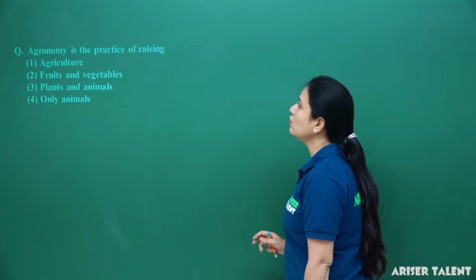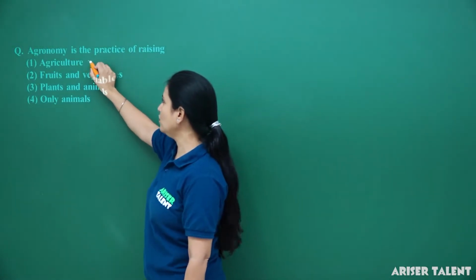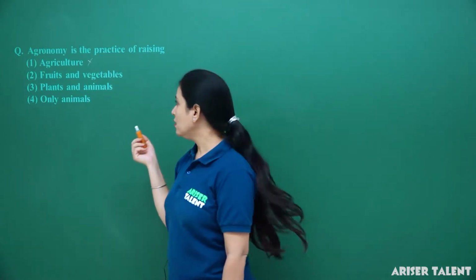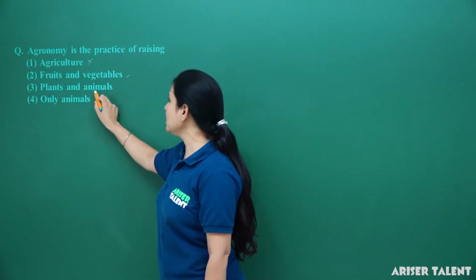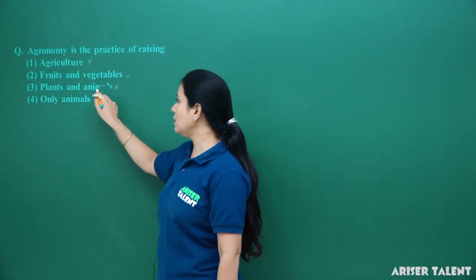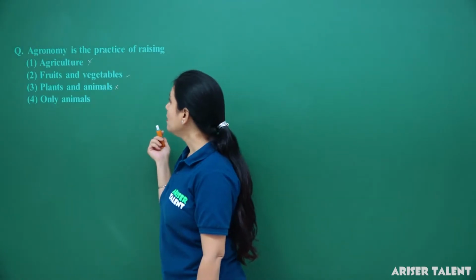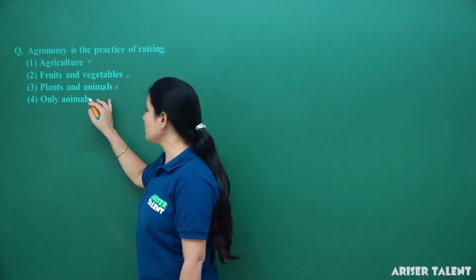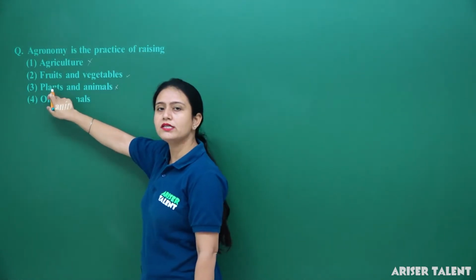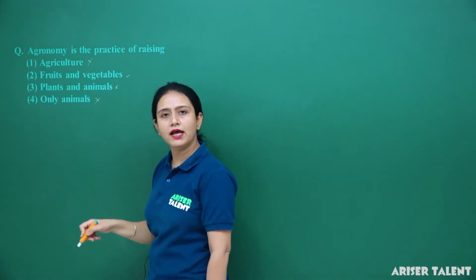Next is, agronomy is the practice of raising. Agriculture, no. Agriculture is also a branch of science. Fruits and vegetables, yes, it can be. Plants and animals, no. If you want to raise animals, that practice is known as animal husbandry, and for plants, it is known as agriculture. Only animals, no, that is also animal husbandry.